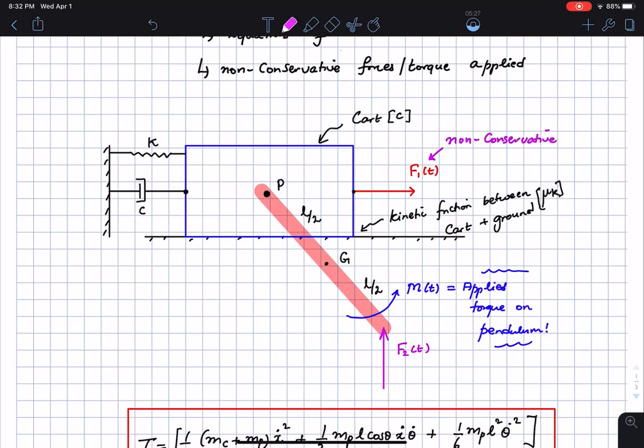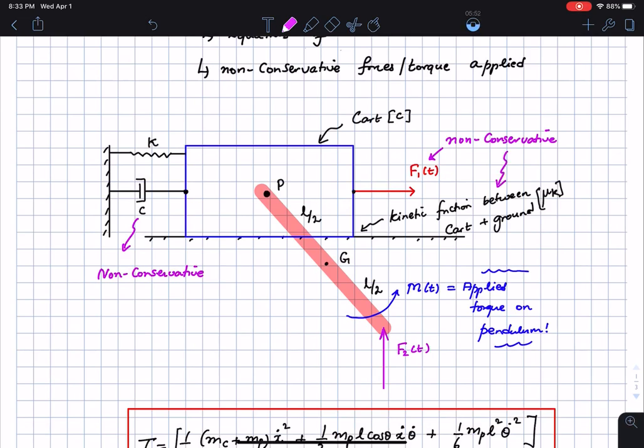Then we have the damping element here, which also acts as a non-conservative force. So this is also non-conservative. Then we have the kinetic friction between the cart and the ground. That is also another non-conservative force, so I just want to point that out as well.